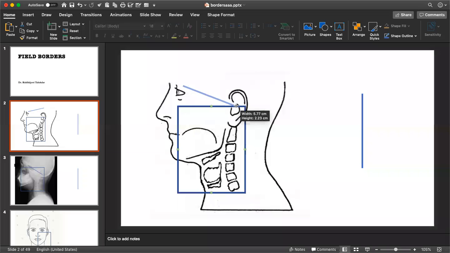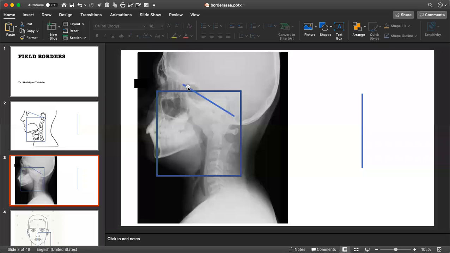That would roughly correspond to the floor of the anterior cranial fossa. So that would be the superior border of your lateral field, right? Any doubt?